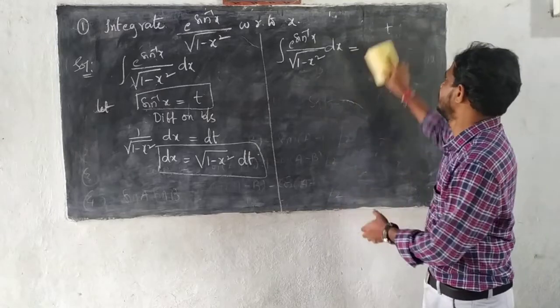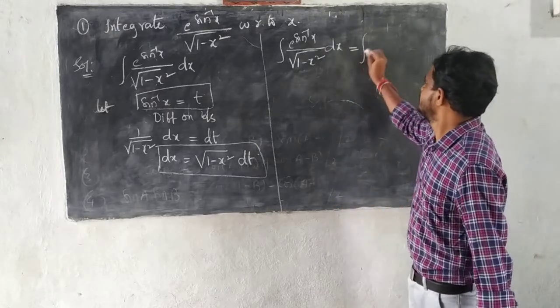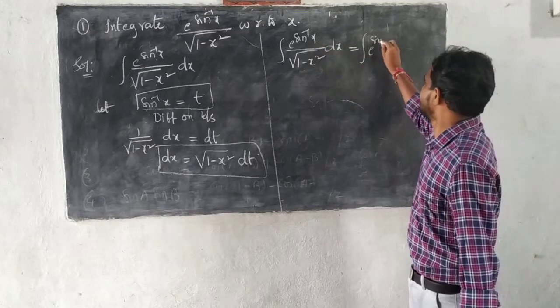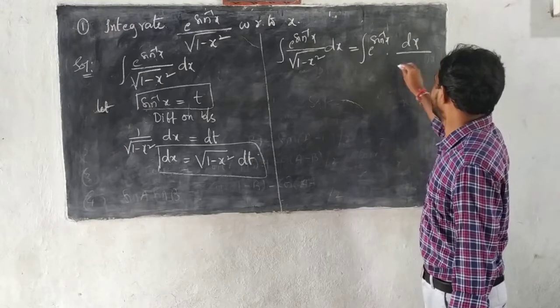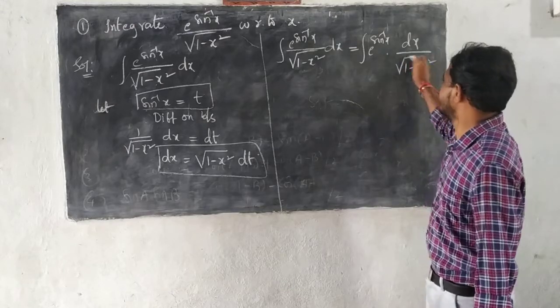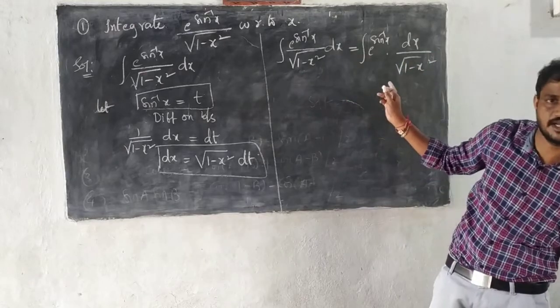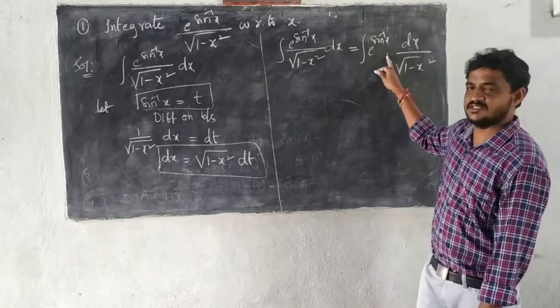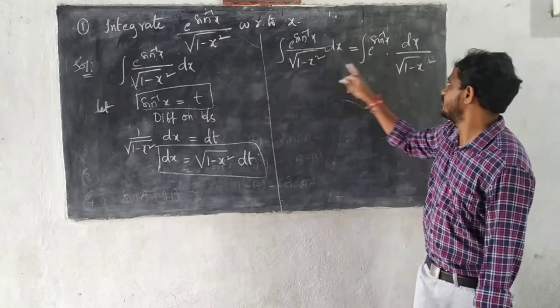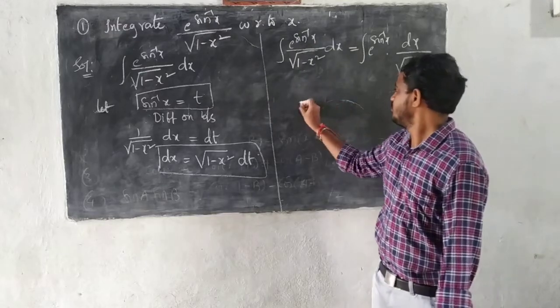So do one thing. Let us write separately. So write e to the power of sin inverse of x, then into dx by under root of 1 minus x square. Right? So we can write this term like this. Now substitute the values.